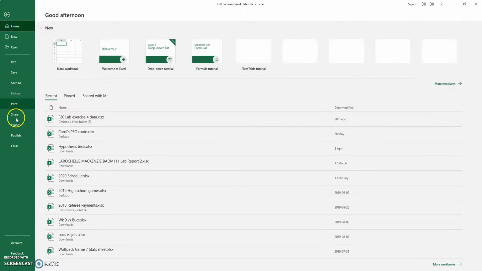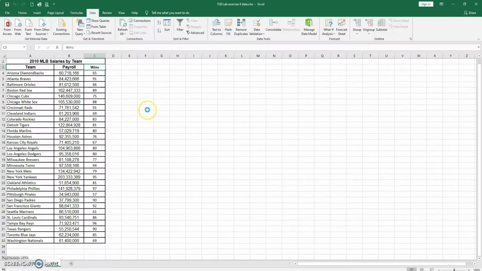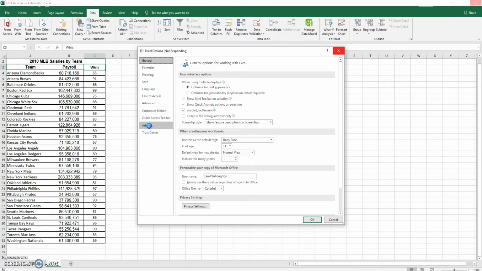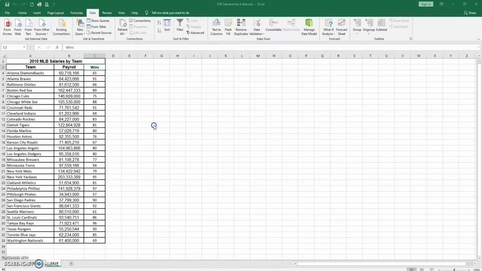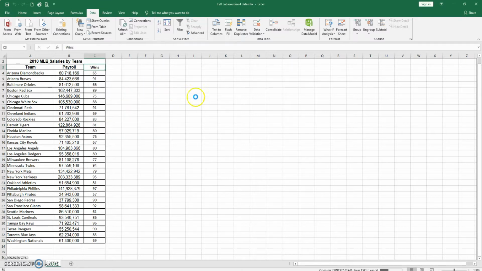So you go into the File menu, go into Options, click on Add-ins, and then make sure this first one is checked, and there we have it. Now under the Data tab, we should have Data Analysis.